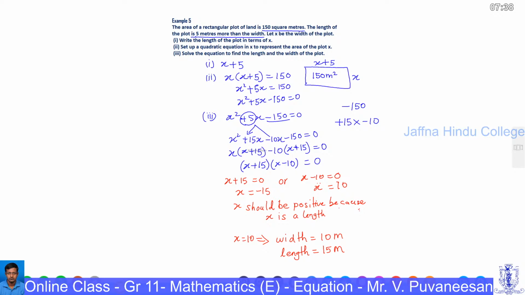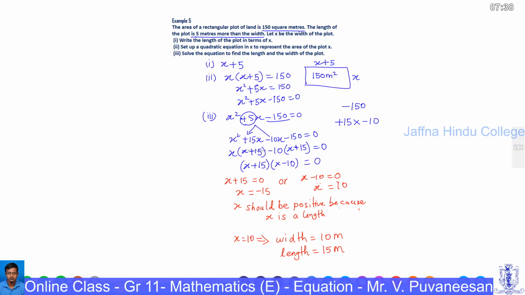The length of plot of land is 5 meter more than its width, and then asked find the length in terms of x. So width as x, so x plus 5. Length is 5 meter more than width. So width is x, so we add plus 5, so x plus 5 is the length.